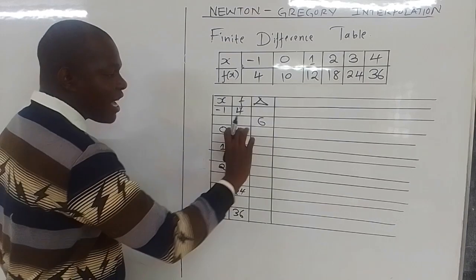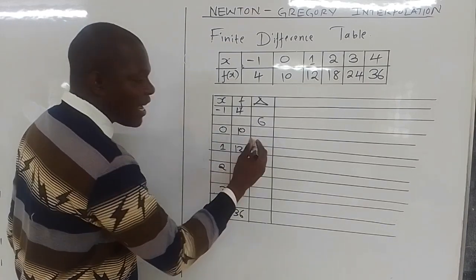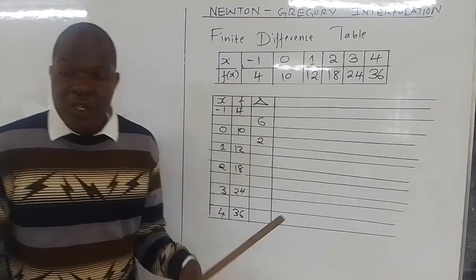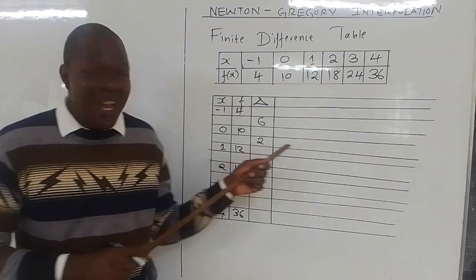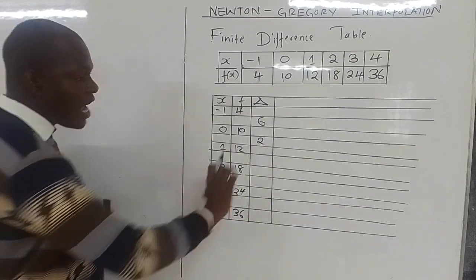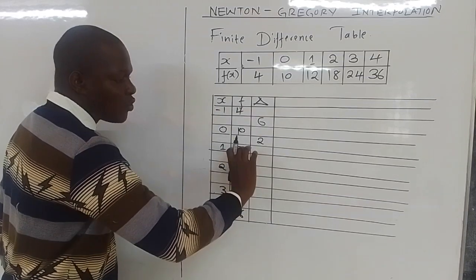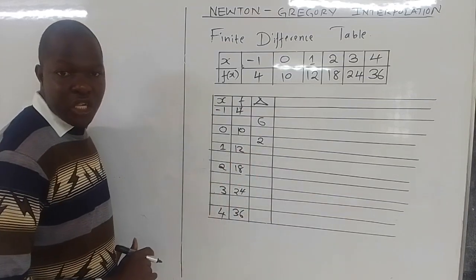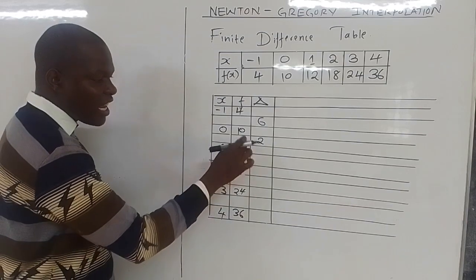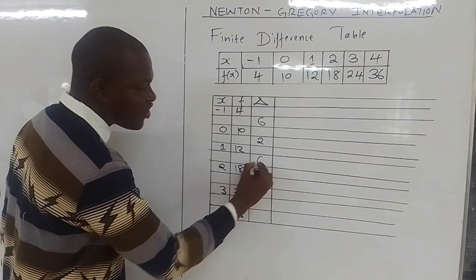Then the next one here, the difference between these two values, it is 12 minus 10. Then you have 2. So are you seeing you are now recording them in this row you left blank? Then you move to the next two consecutive f values, 12 and 18. Are we together? So it is second minus first, 18 minus 12, you have 6.